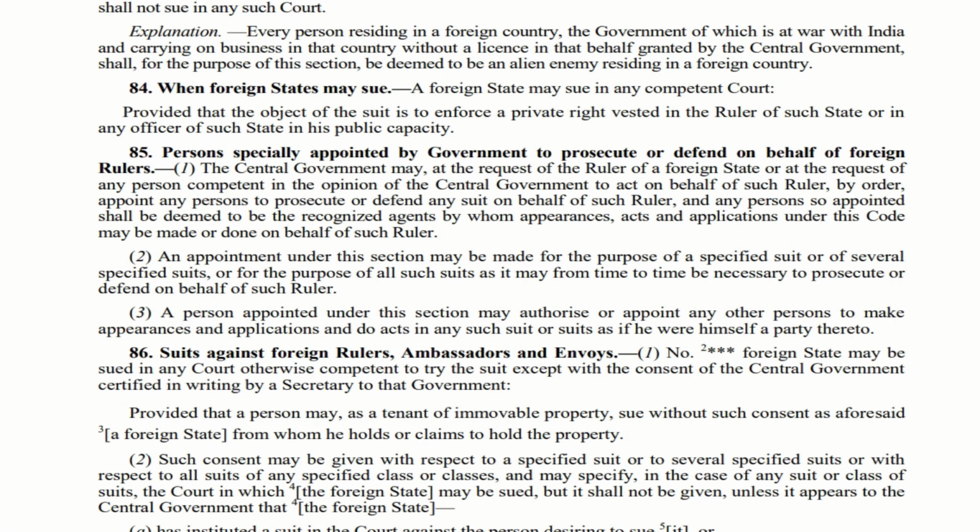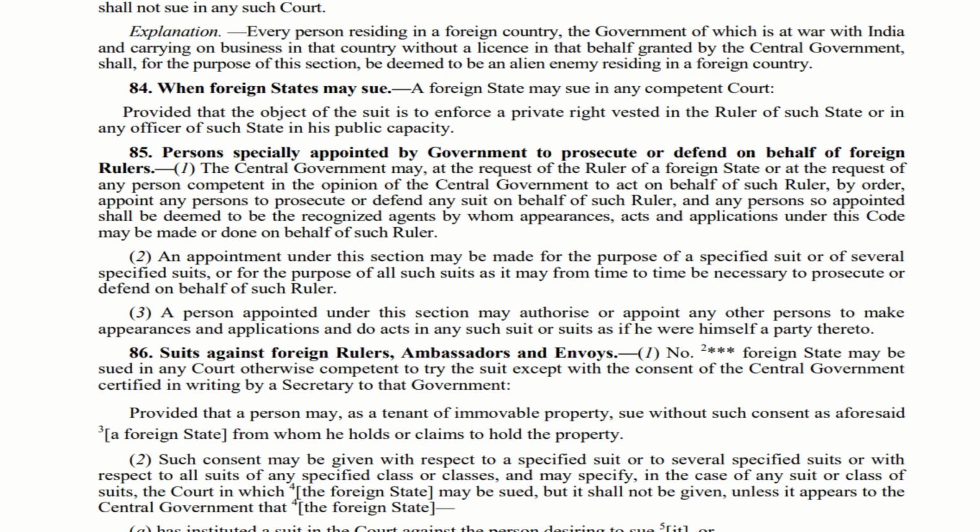Let us move to subsection 2. If an appointment is made under this particular section, then that particular appointment can be for a specified suit or for several specified suits. To put it in a simple manner, that appointment can be for one suit or any number of suits or for the purpose of all such suits as may be required from time to time.